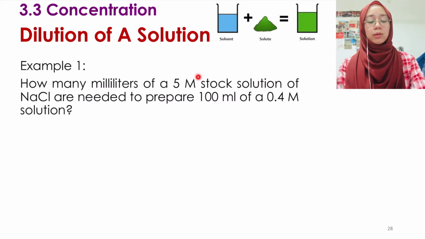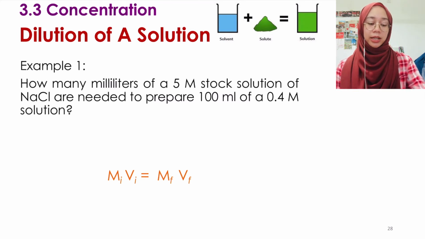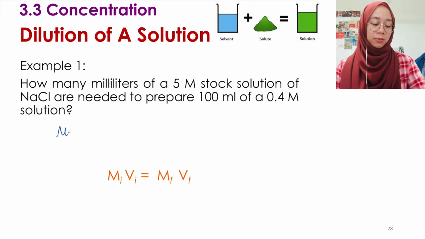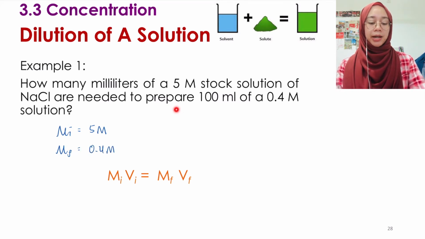So 5 molar ni adalah initial punya concentration, 0.4 pula adalah final punya. Kita boleh keluarkan lah. So molarity initial is 5 molar, molarity final is 0.4 molar.